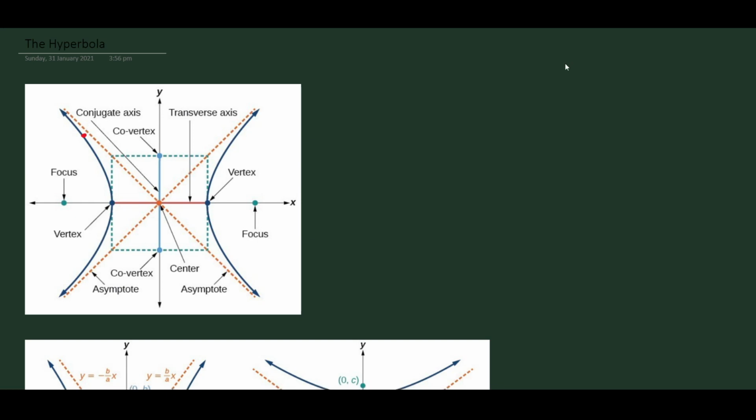So they actually differ in that the distances from the foci to a certain point on a hyperbola have a constant difference. Let's say, for example, we have here distance d1 and distance d2. Okay, so the absolute value of d1 minus d2 will always be constant.